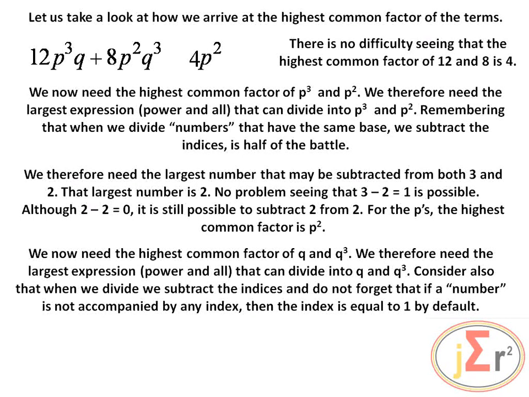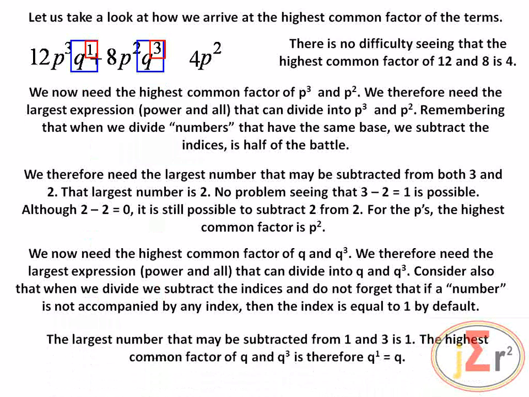So we have q to the power of 1 and we have q to the power of 3. What is the largest number that can be subtracted from 1 and 3? The largest number that may be subtracted from 1 and 3 is 1. The highest common factor of q and q cubed is therefore q to the power of 1, which is equal to q.